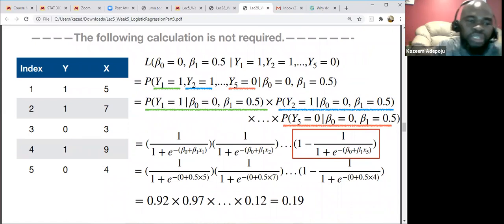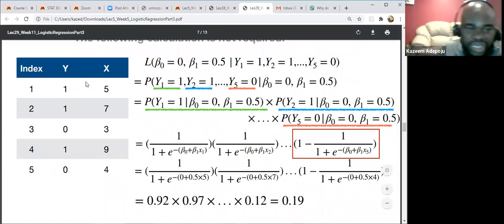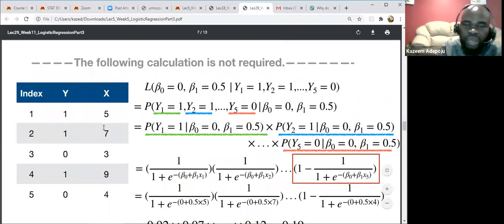Now, let us work on this data set. The response is categorical, and this is a predictor. If you take a look at what I have right here, I'm starting with a beta naught equal to 0 and beta 1 equal to 0.5.